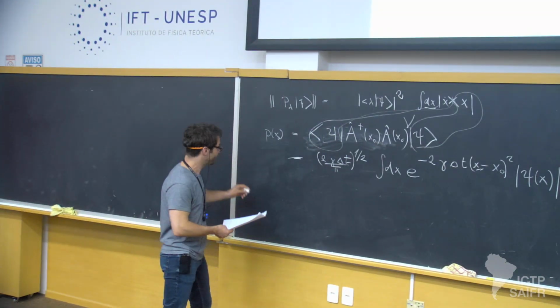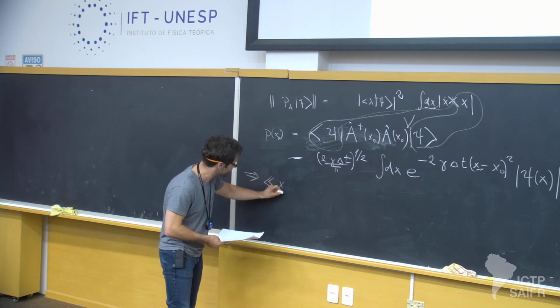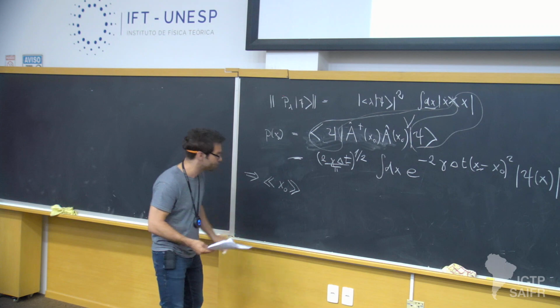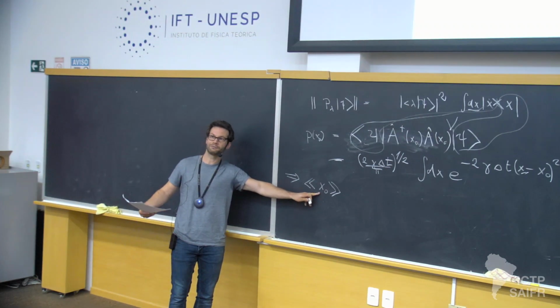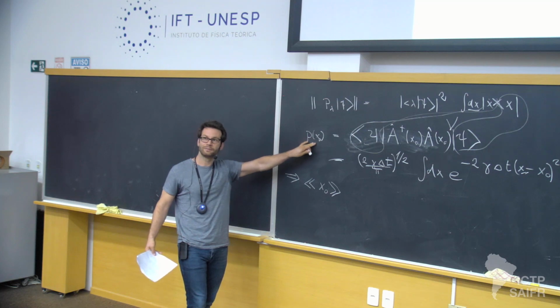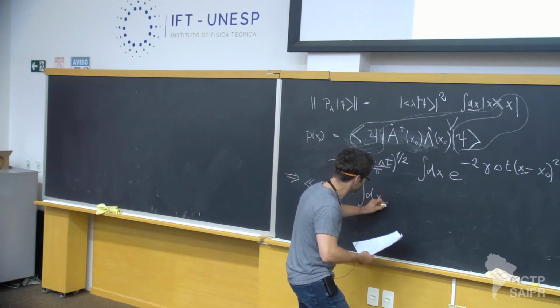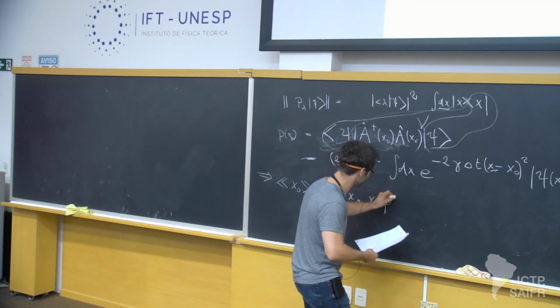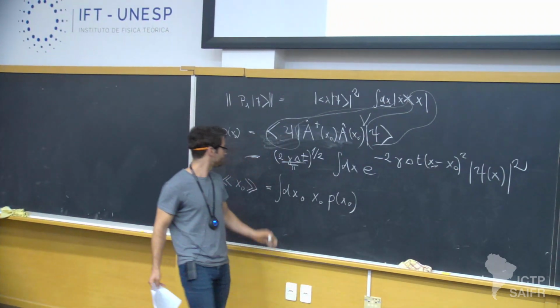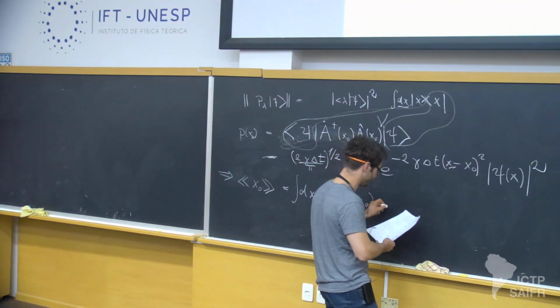Okay, and from that we can then easily get an interesting relation, the expectation value of x naught, this random variable, with respect to this probability distribution, which we define as usual. If you have a probability distribution P of x naught, then this here is the expectation value of x naught.